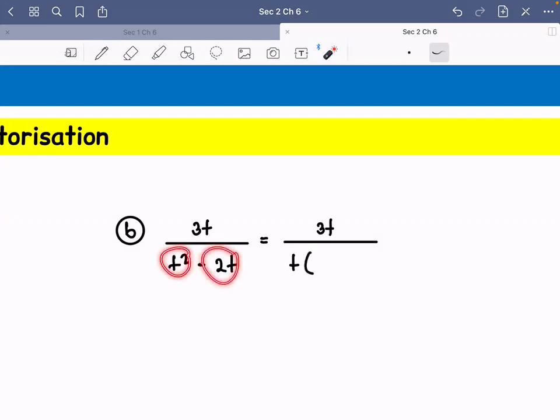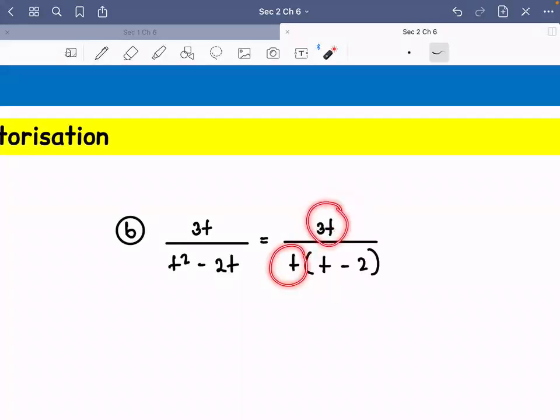So we need to divide each of these by t. t squared divided by t is t, and minus 2t divided by t is simply minus 2.